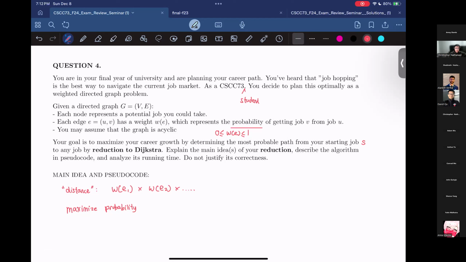Then solving that graph with Dijkstra should give you the answer for the most probable path from your starting job to any job. If you have any questions or you need some hint, please let me know. If not, then let's take this up at 7:15.